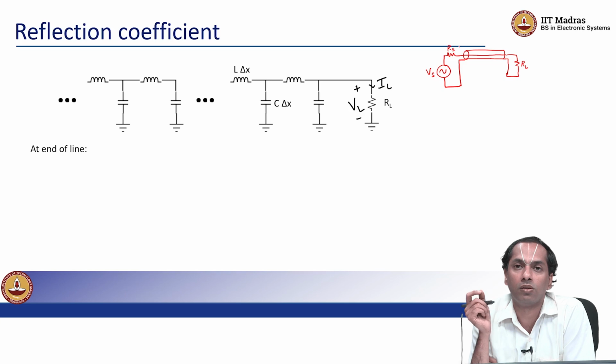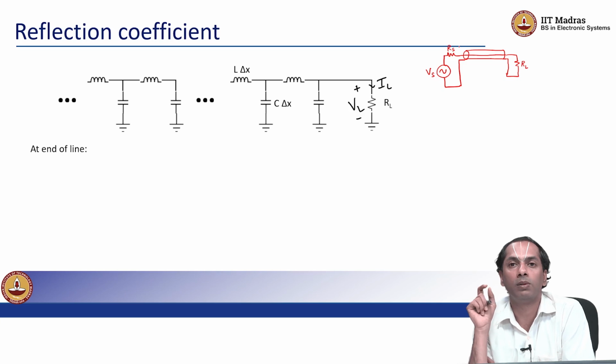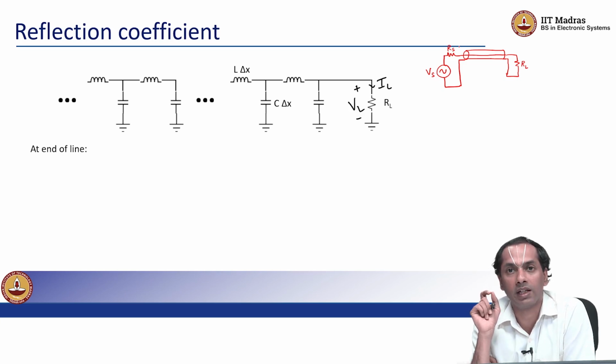Now when I start to attach loads, these loads are lumped loads. This could be one of those lumped elements in your circuits, where the resistor size is extremely small compared to the wavelength of this particular circuit problem. But the transmission line's length is not negligible.